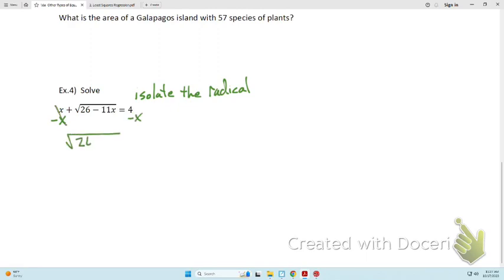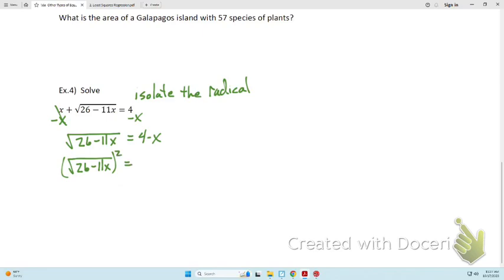And the radical is all by itself now. Now, in order for this work to work, the radical's got to be all by itself. So if I square both sides, actually, let's write it on the next line, so y'all can see what took place.